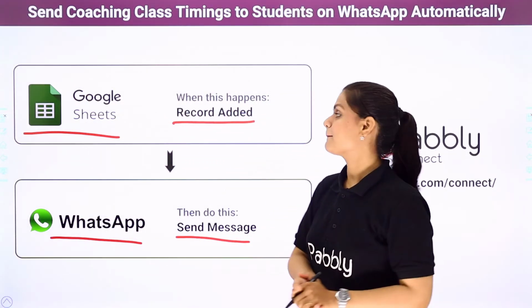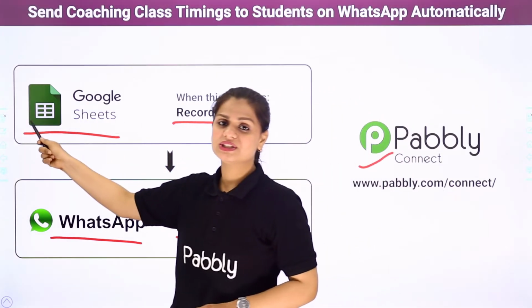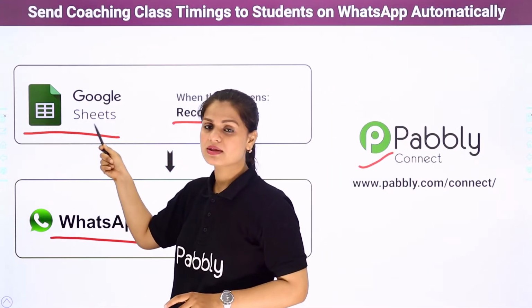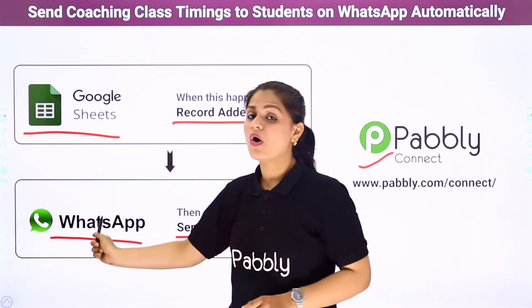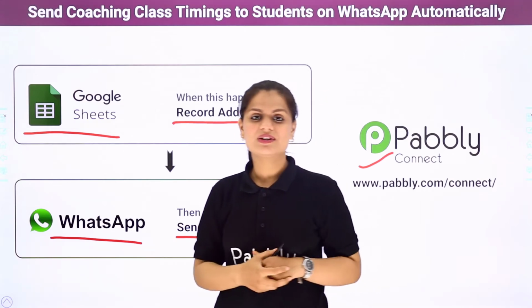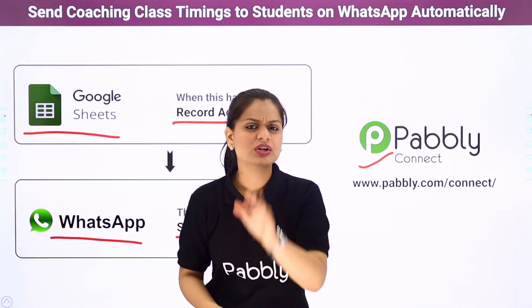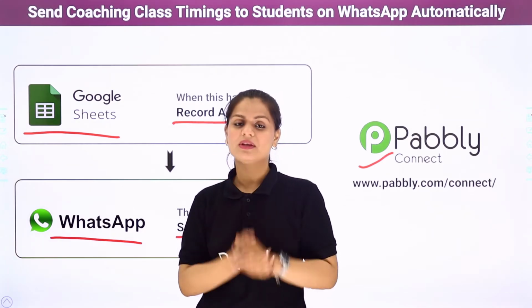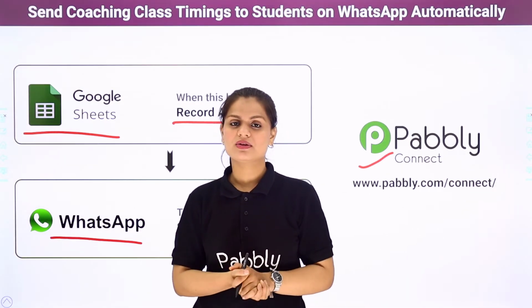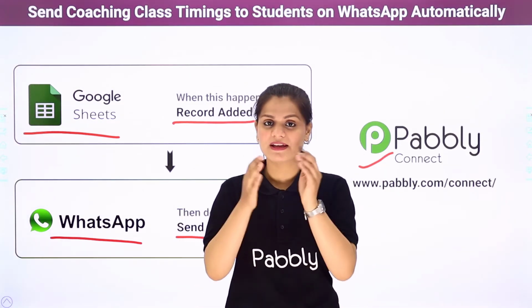Whenever a new record is added into the Google Sheet of my rescheduling timing classes, a message will be sent to all the students of my coaching classes automatically. The best part of Pabbly Connect is that you do not need coding skills or programming knowledge. It is very easy to use, and any non-technical person can use it.